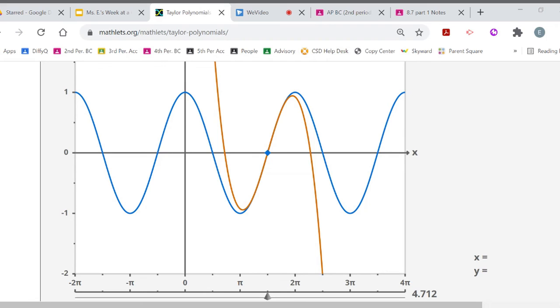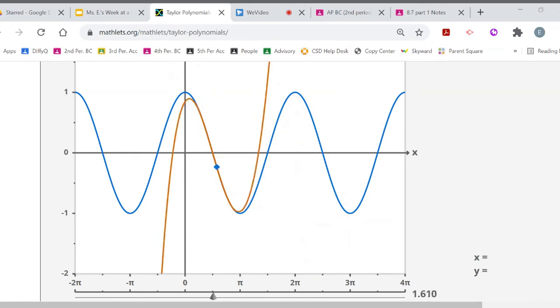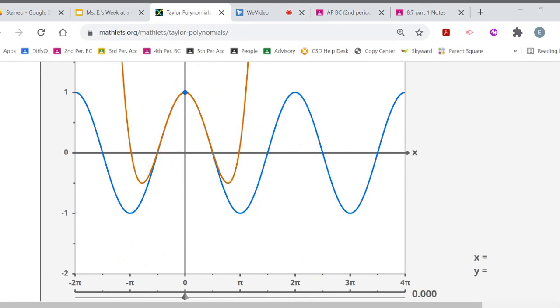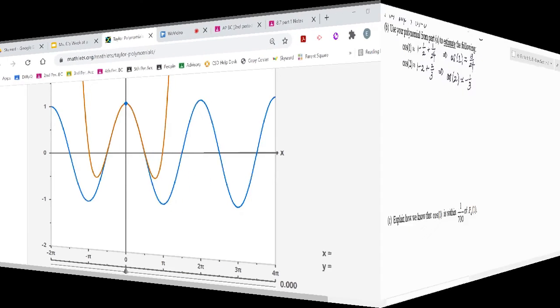So anyway, for now, we're still working on centering things at 0. And I do have a part C for you. So let's get back to it.